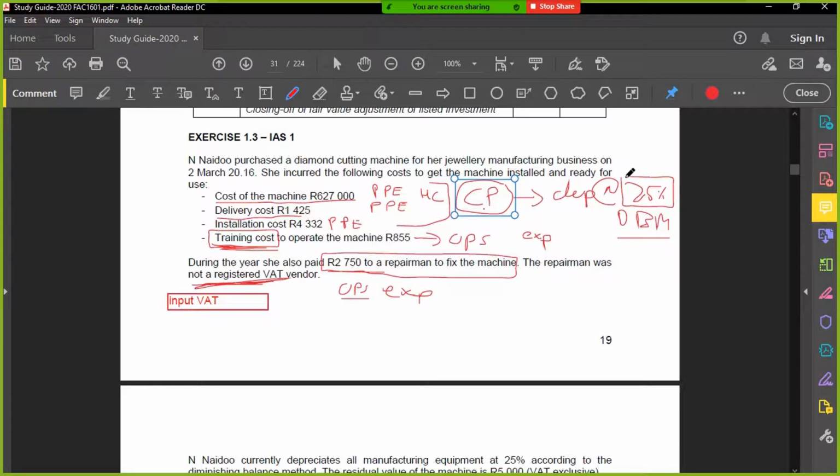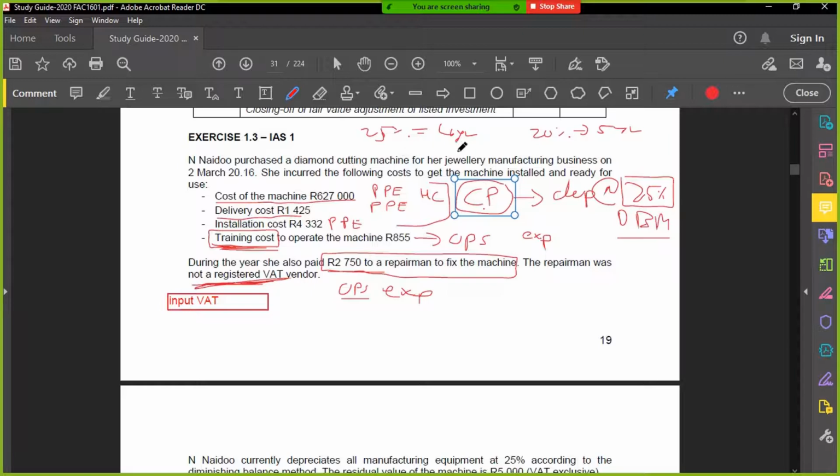If it's 25%, how many years would you have on diminishing? 25 years? I mean 25%. How many years? If you have 20%, that can equate to 5 years. Do you agree? 25% can equate to 4 years on straight line.